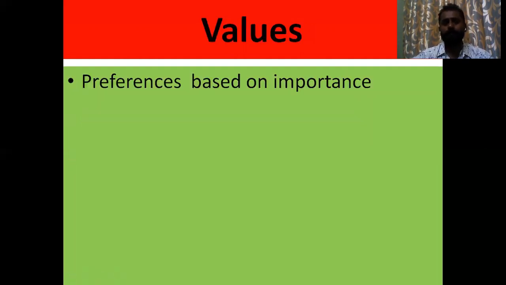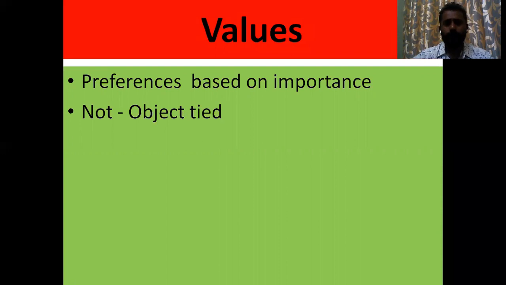Next, values. Values are the preferences based on importance. Values are not object tied. Say, for example, freedom. You cannot tie freedom to any object. Independence, patriotism, good, bad, they cannot be tied to any individual, any object.